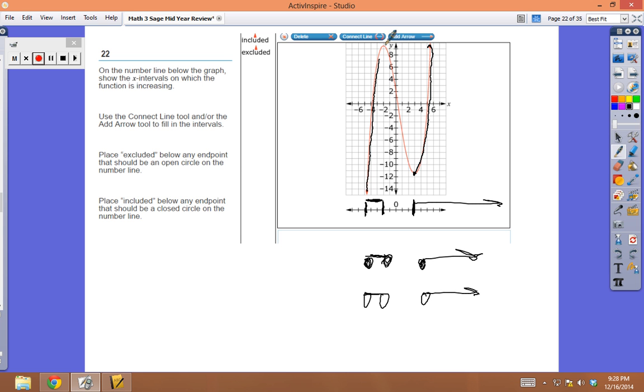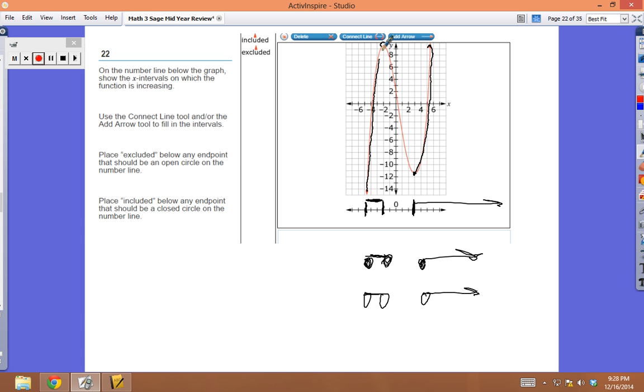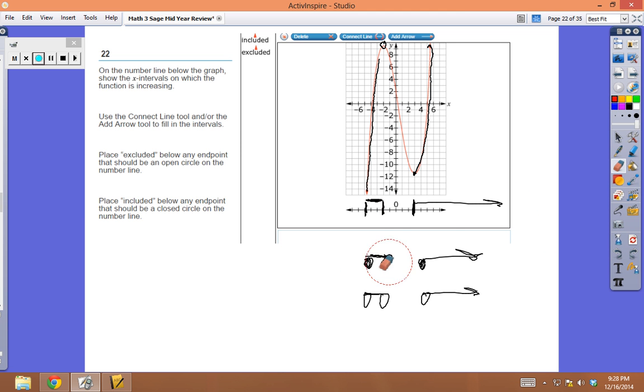It should not be shaded because it stops increasing right there. But this one down here, it looks like that arrow means it keeps going all the way to infinity. So our picture is going to be a little bit different.